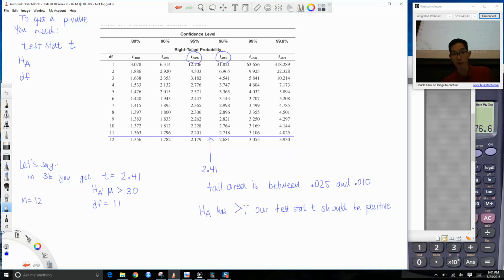So if the alternative has a greater than sign, your test statistic should be positive. And then your p-value is equal to the tail area. So in this case, our p-value is between 0.025 and 0.01. I know it says 0.010, but you generally don't keep trailing zeros after a decimal point, right?